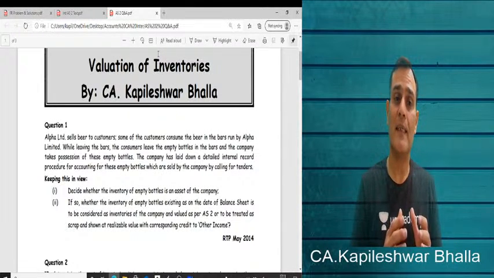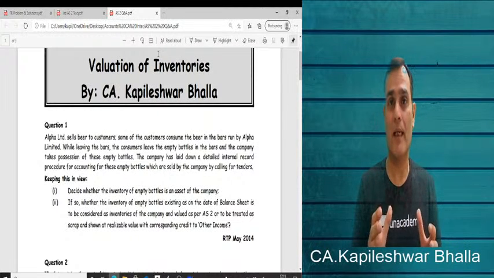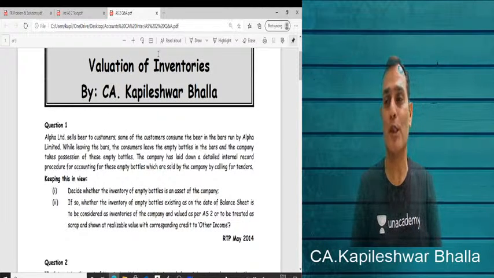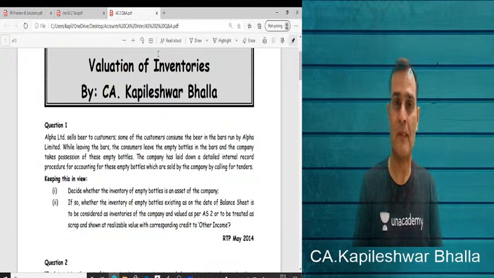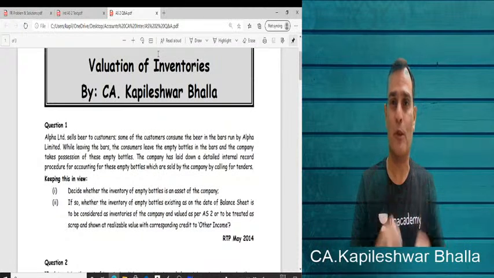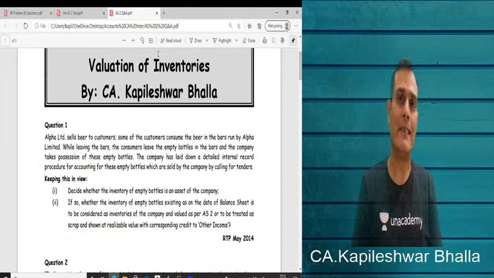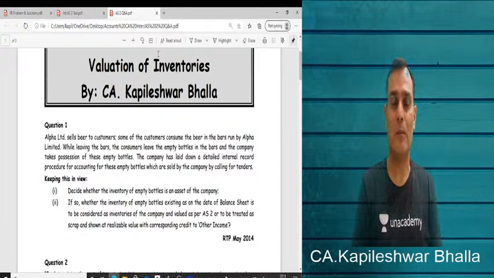When it says that the consumers leave the empty bottles in the bar and the company takes possession of these empty bottles, it's something like, once you get possession of this item, you may not get legal ownership of this empty bottle. I think talking in terms of legal ownership of an empty bottle is absolutely vague.